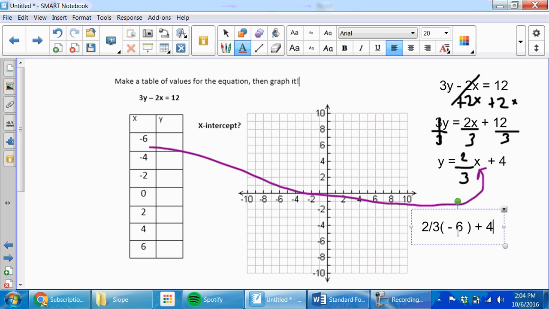I would type that in, write down the y, plot that point. Then I would put in -4 for the next one, hit enter, put that number here, and plot it. Finish doing those. Pause the video and finish that.